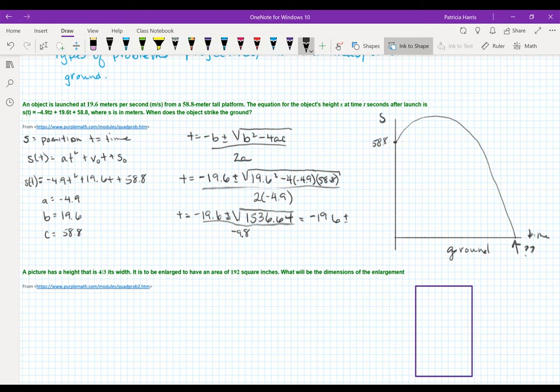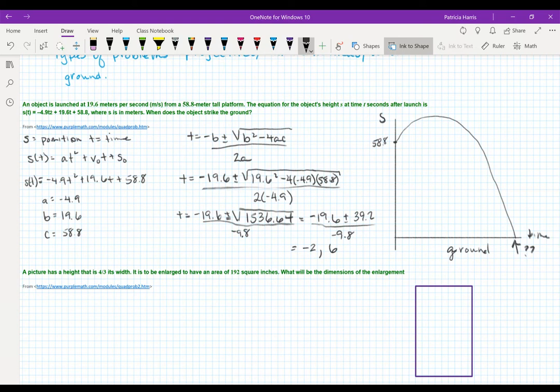If we do that, we get negative 19.6 plus or minus 39.2, divided by negative 9.8, which gives us negative 2 and positive 6.